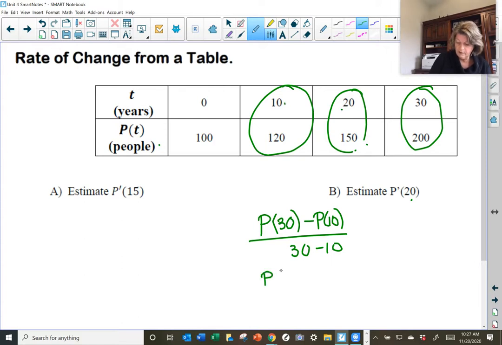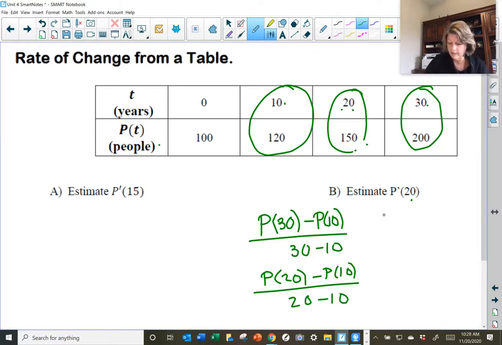So I could go P of 20 minus P of 10 over 20 minus 10. And the final way is I could use 30 and 20. I could go P of 30 minus P of 20 over 30 minus 20. Any of those 3 are accepted ways.